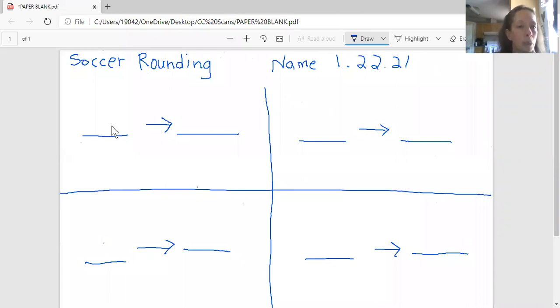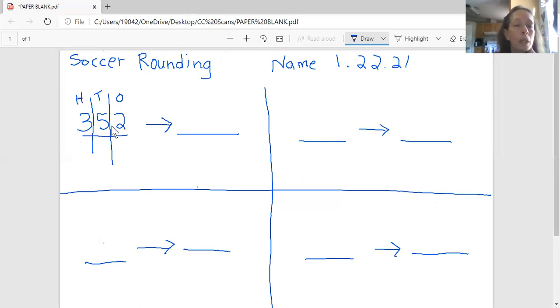So right here, you're going to write 3, 5, 2. And if you remember, I told you we were rounding to the nearest 100 on this, okay? And remember, we use our Jamia's grid here. This will tell us that this is the ones place, this is the tens place, and this is the hundreds place.